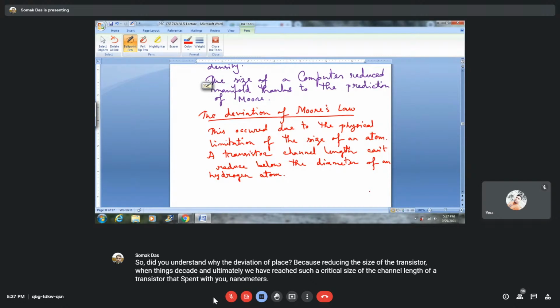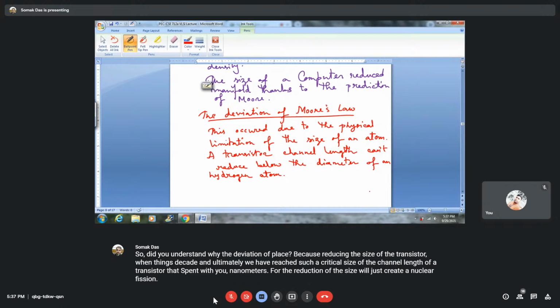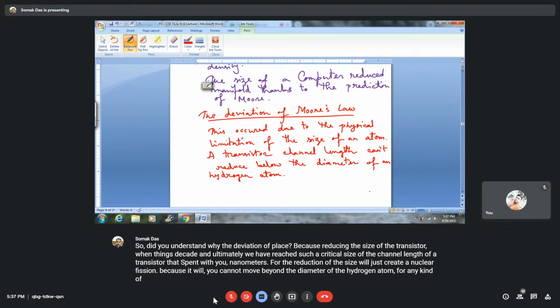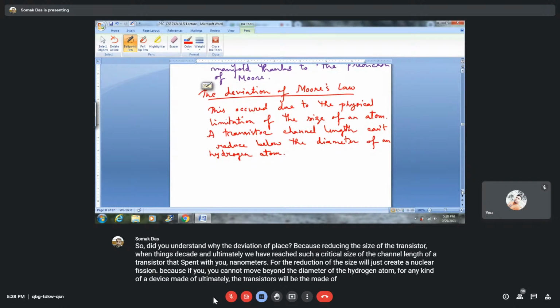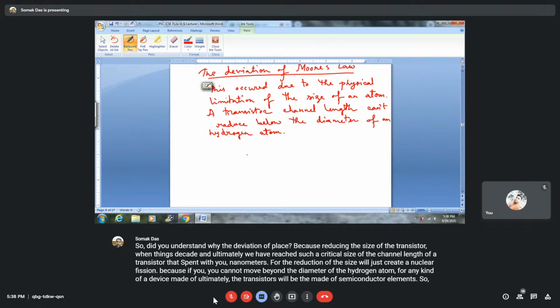Further reduction of the size will just create a nuclear fission, because you cannot move beyond the diameter of a hydrogen atom for any kind of device made of atoms. And ultimately, the transistors which we built are made of semiconductor elements, so they are made of a number of atoms at the end.